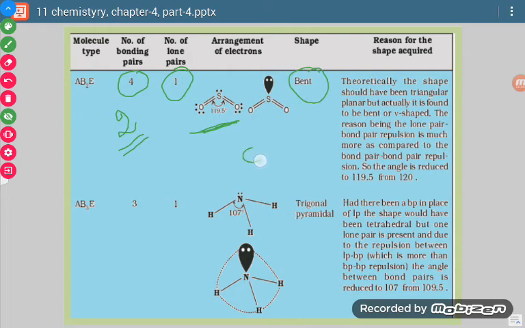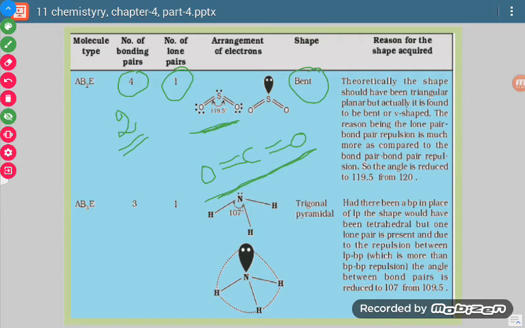If we talk about carbon dioxide, then its geometry is linear. Sometimes the question comes: CO2 is linear but SO2 is bent, why? We will say, in case of CO2 there is absence of lone pair around the central carbon atom, so the geometry is linear.